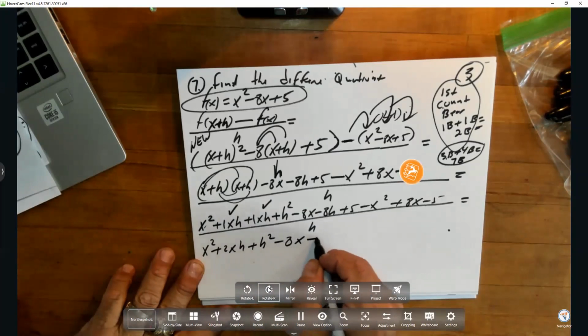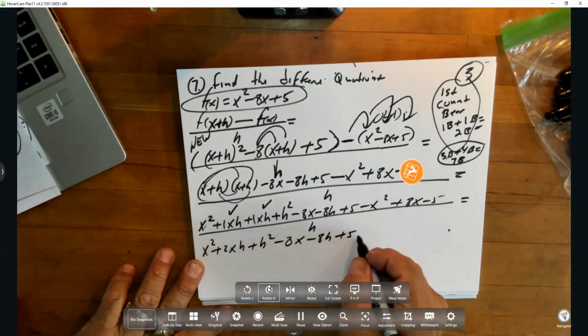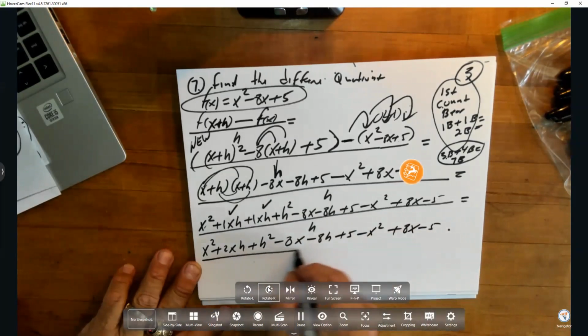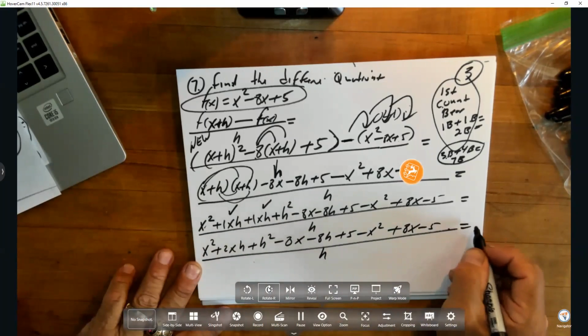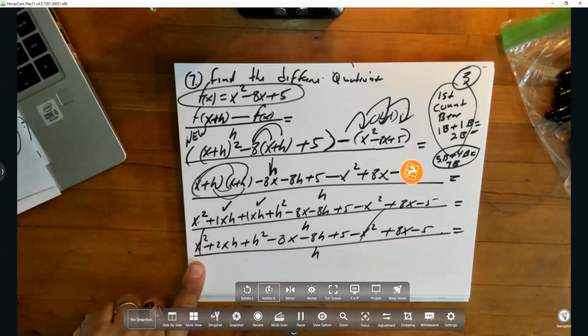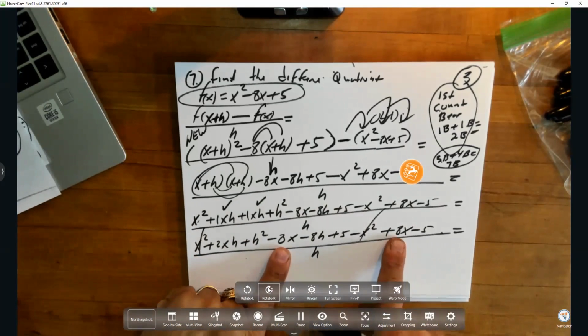Okay, and a bunch of stuff is going to go away always on this thing. In this difference quotient, a lot of the stuff disappears in the next step. Ready? Let's start. x squared and negative x squared, you think those will cancel? Yes. Gone. And you think negative 8x and positive 8x will cancel? Yes.